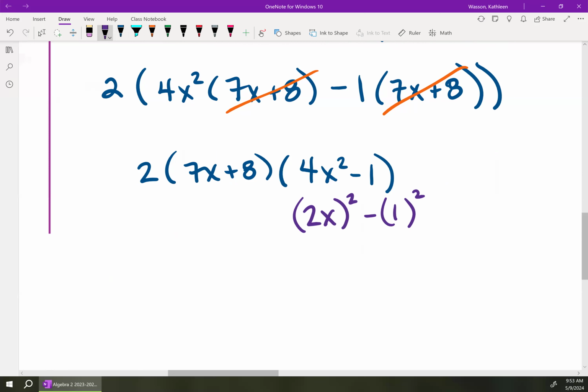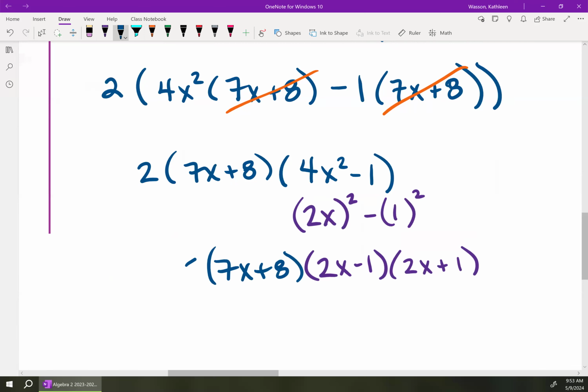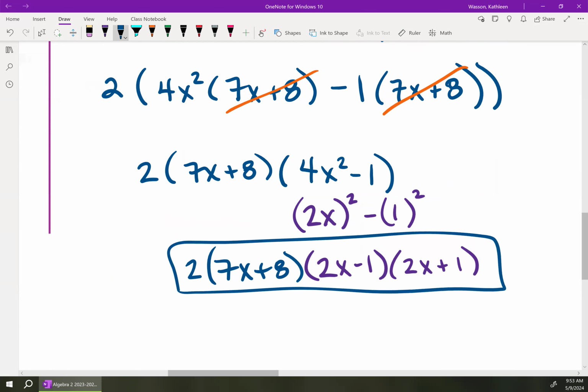So I can write 4x squared minus 1 as 2x minus 1 times 2x plus 1. And I have 7x plus 8. And I have a 2. So that's why I said make sure to check when you feel finished, when you've done the initial process, and make sure there are no patterns or additional greatest common factors.